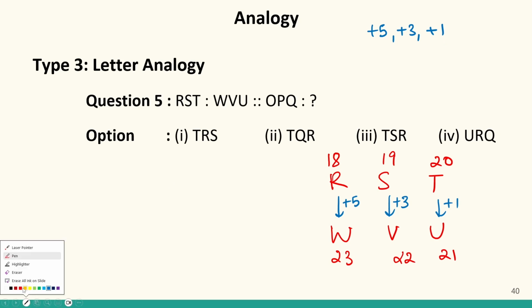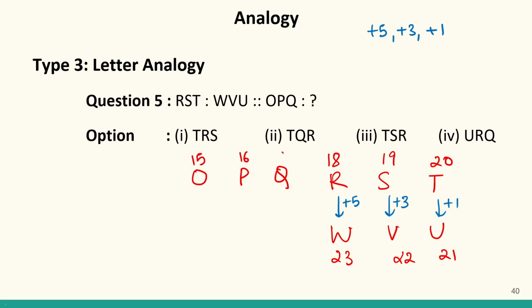So we would have to do the same thing for OPQ, right? The position of O is 15, the position of P is 16 and the position of Q is 17. We would have to move 5 positions forward, 3 positions forward and 1 position forward. So if I move like this, I'll get 18th rank over here, 19th rank over here, and here I'll get 20th rank.